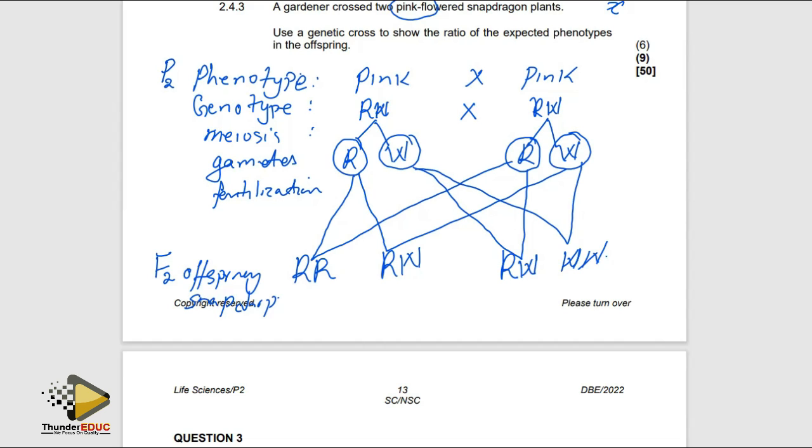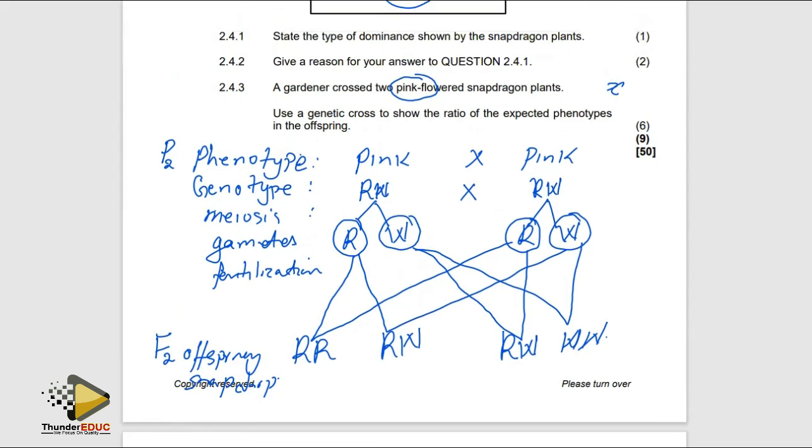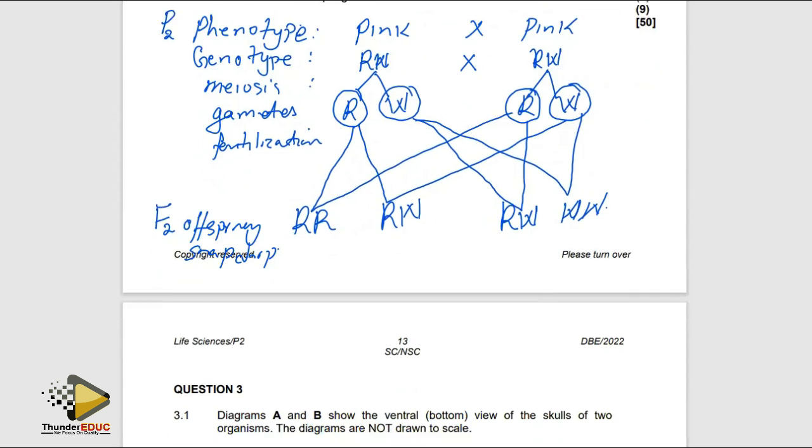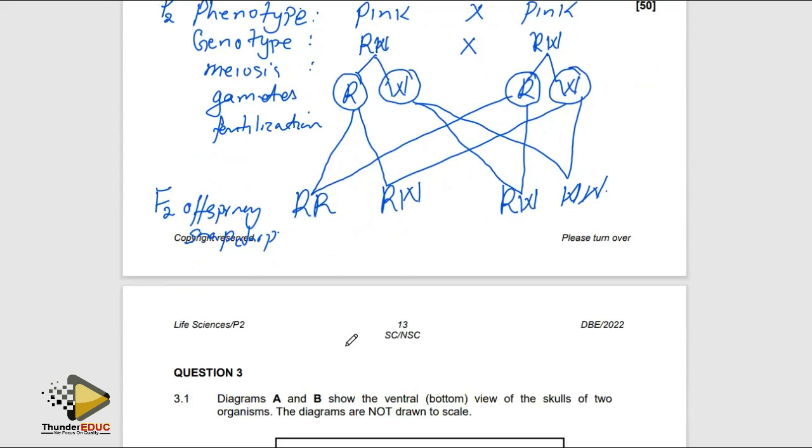But what was the question? The question is saying, use the genetic cross to show the ratio of the expected phenotype in the offspring. So we are looking for the ratio of offspring. Okay, let's look at the ratio of the offspring. Now, capital R is red. So I have 1 red.